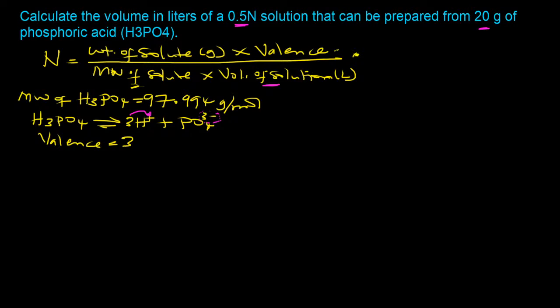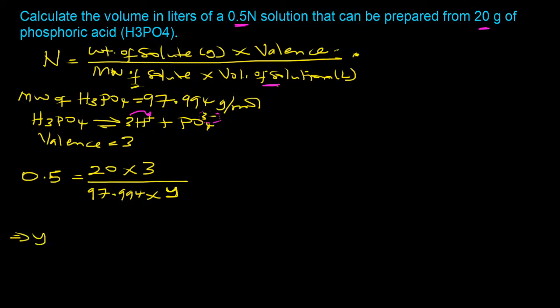So now we have all the information we need to put it back into the original equation here. And so what we'll have is normality is 0.5. So 0.5 is going to be equal to 20 grams times the valence, which is 3, divided by the molecular weight, which is 97.994, times the volume of solution, and we can use the variable y so that we can solve for y, and that will be our volume of solution.